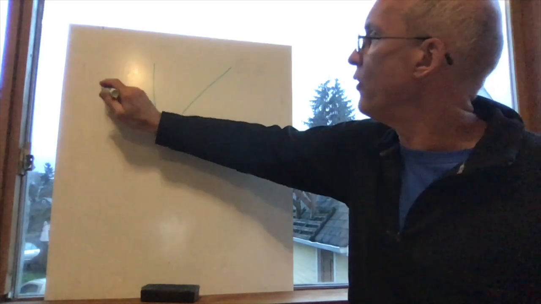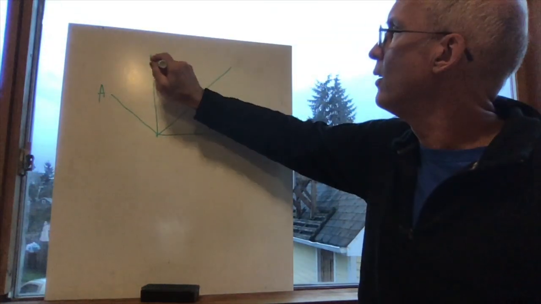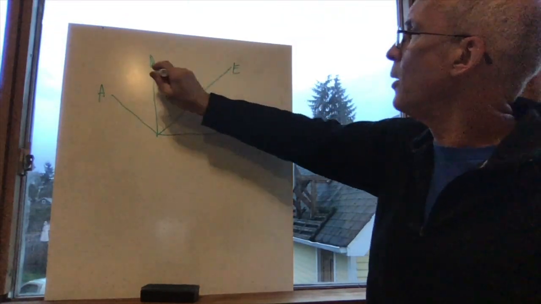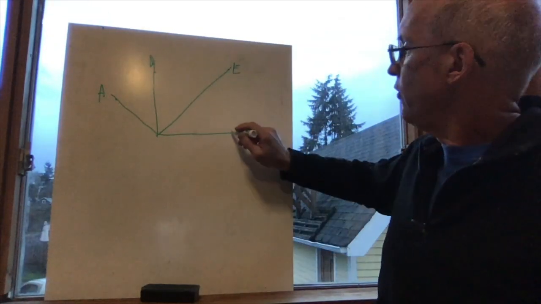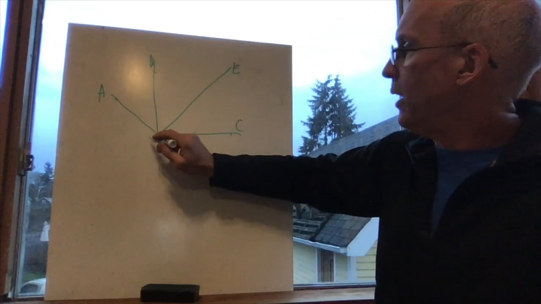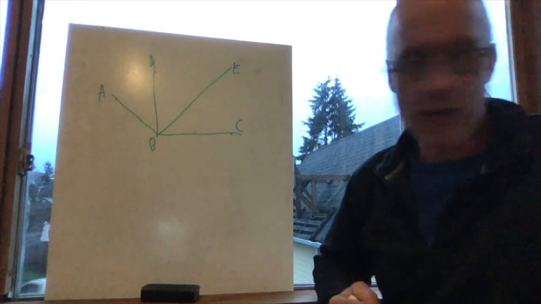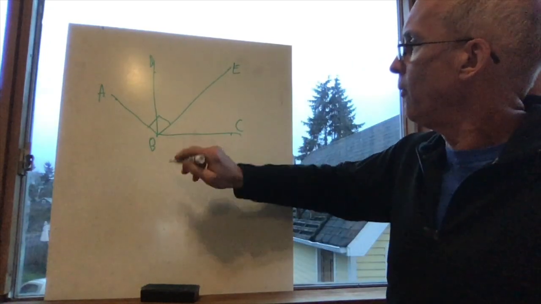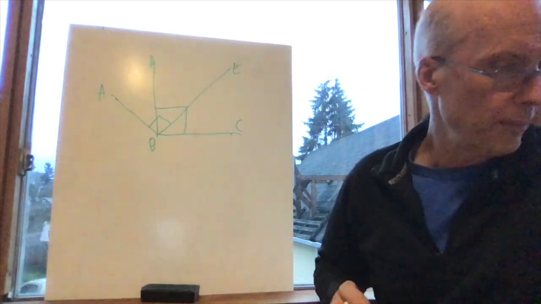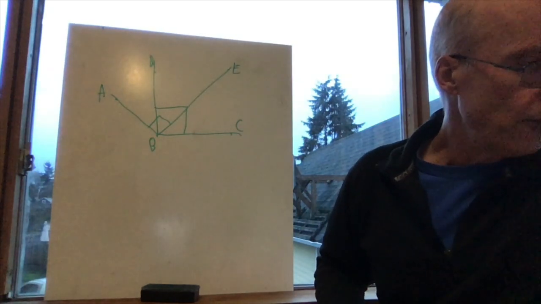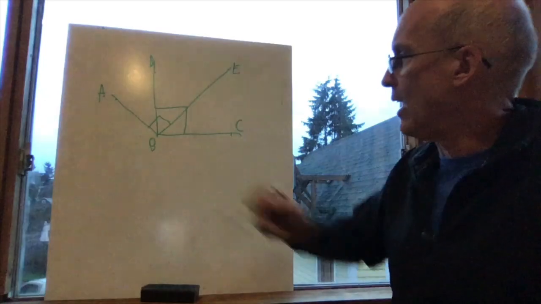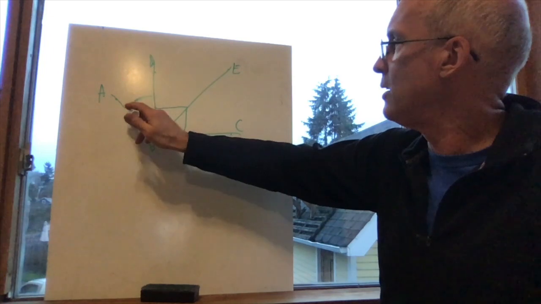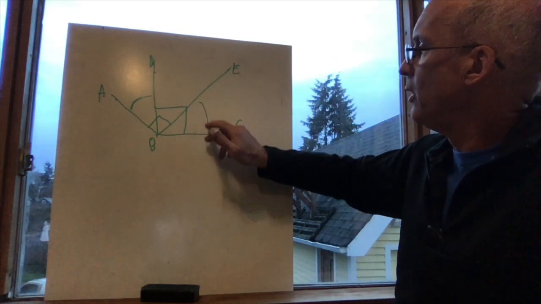And they call this A, D, E, there's a point there, point there, point there, C, and this is B. So what they tell you is that this is a right angle and this is a right angle. Okay, so what we're supposed to prove is that angle ABD, this angle here, is equal to EBC.